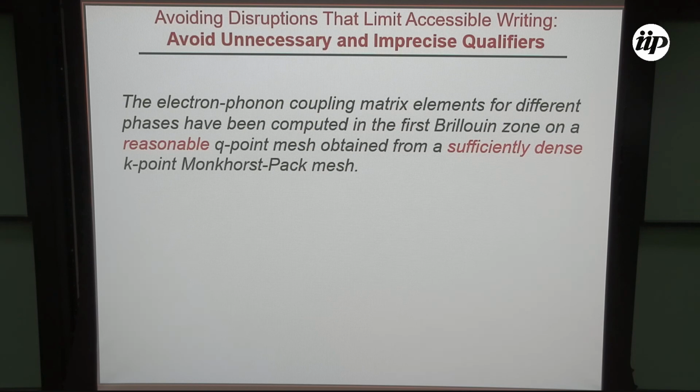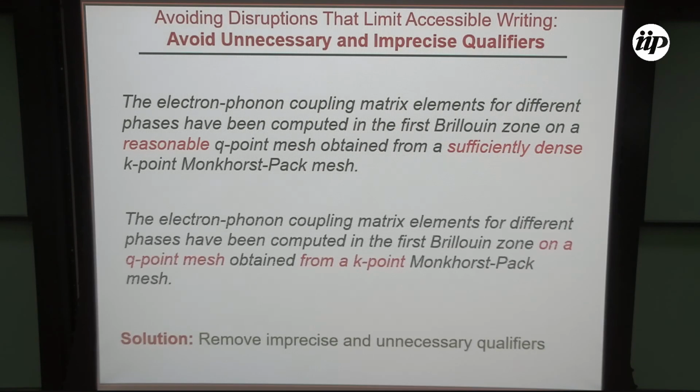If it's important for us to know what sufficiently dense is for the context of the paper, define it in a quantitative way. If it's not important, remove it. So this could be simplified. The goal here is just to make the sentences as short as possible, removing unnecessary information that's not helpful to us to understand the main point of the sentence.